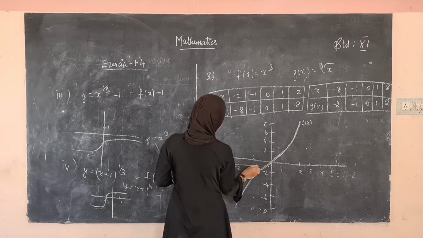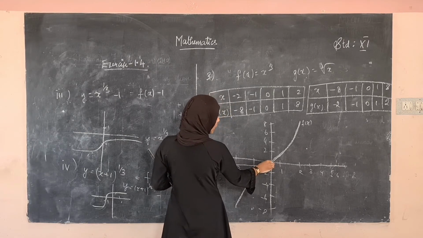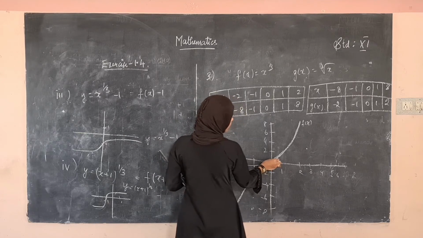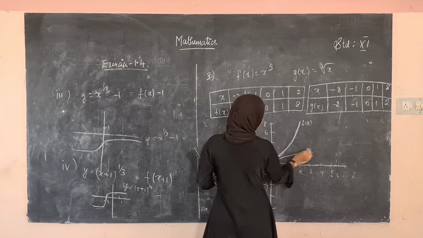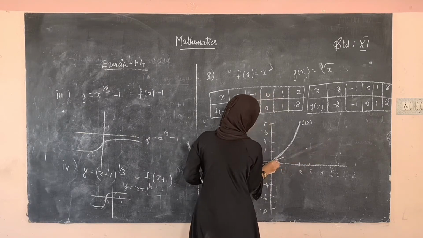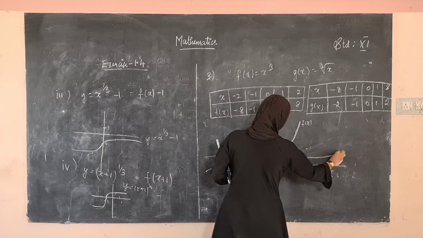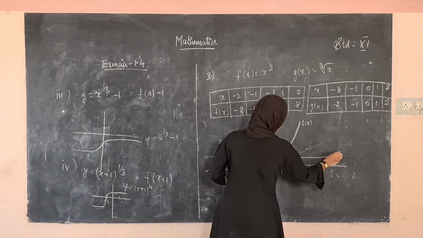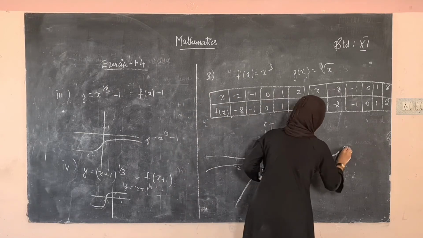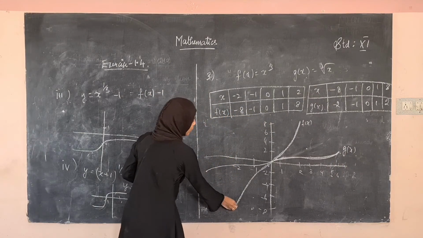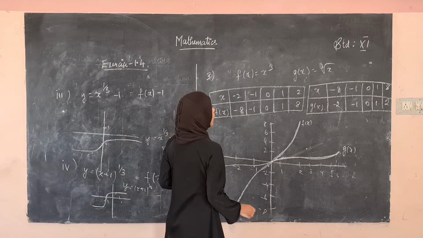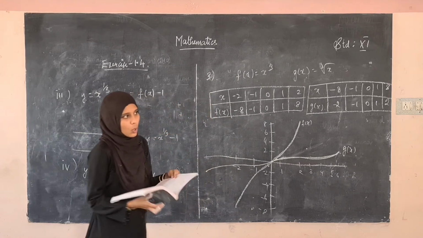So the graph is like this, and for 1 the value is 1, and for 8 the value is 2. So the graph is like this. This is the graph of g of x. Okay, this is the graph of f of x, and this is the graph of g of x.